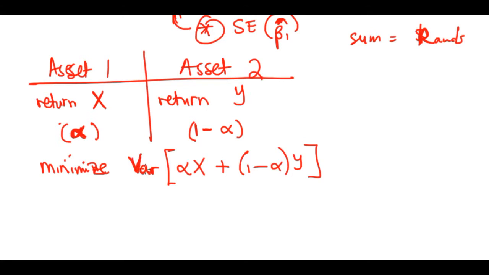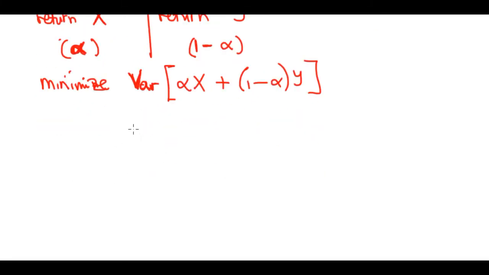We want to minimize that variance. Mathematically, or in a bonus video, we are going to show that the variance here is minimized when alpha is given by this.